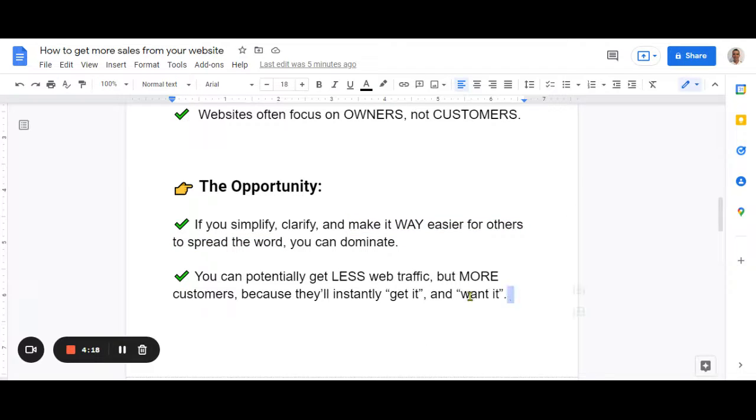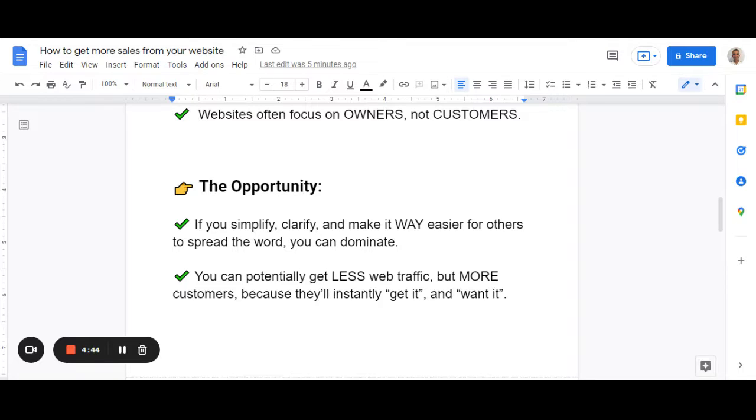Now, check out this point down here. This is an important point that comes up in the SEO space and marketing space quite often, which is you could potentially get less web traffic, but more customers, because they'll instantly get it and want it. Okay, so really, our website is there to help our business grow. It's not really there just for traffic and people to see it. It's there because we want to get customers.